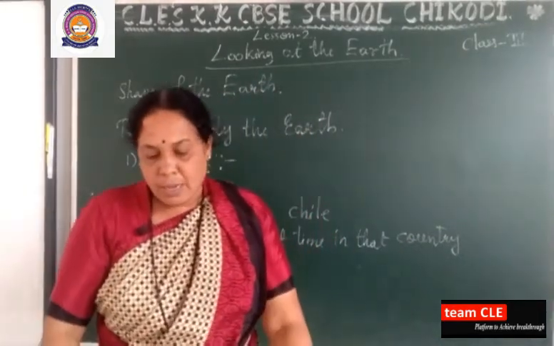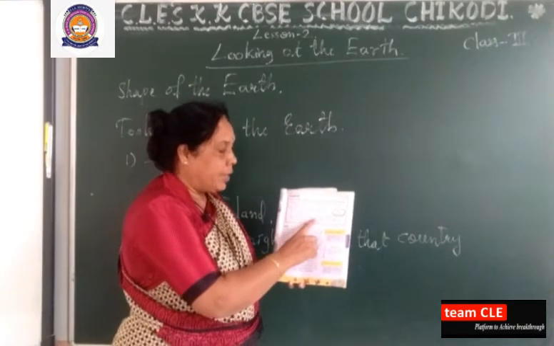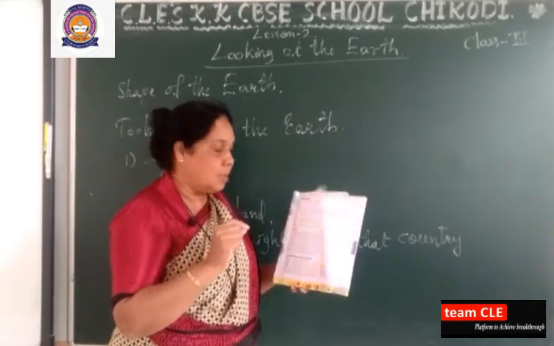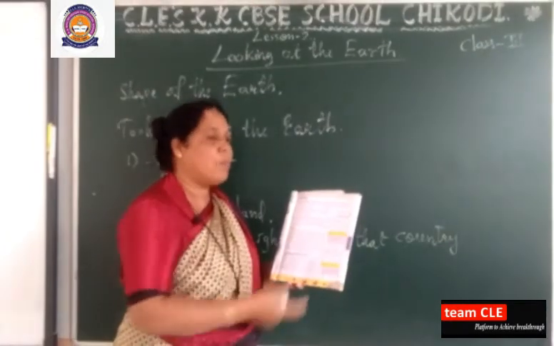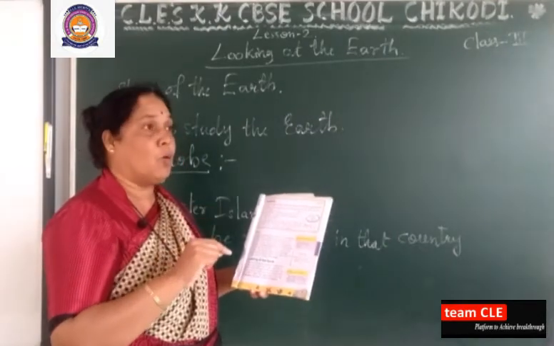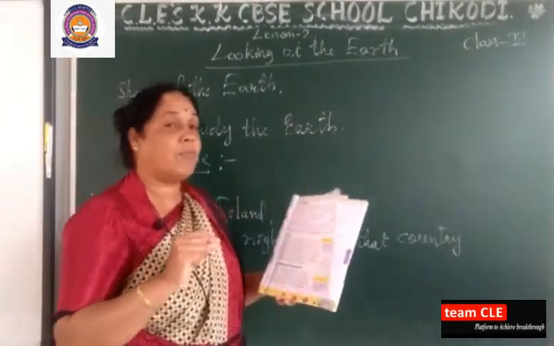Okay dear student? Third question: when it is night time in Delhi, it will be daytime in Mumbai. Is it the right answer? Why? Because Delhi and Mumbai are on the same side of the globe. Mumbai and Delhi are on the same side of the globe.